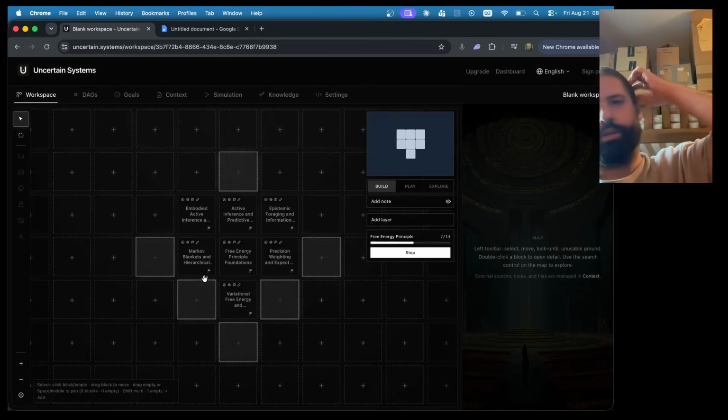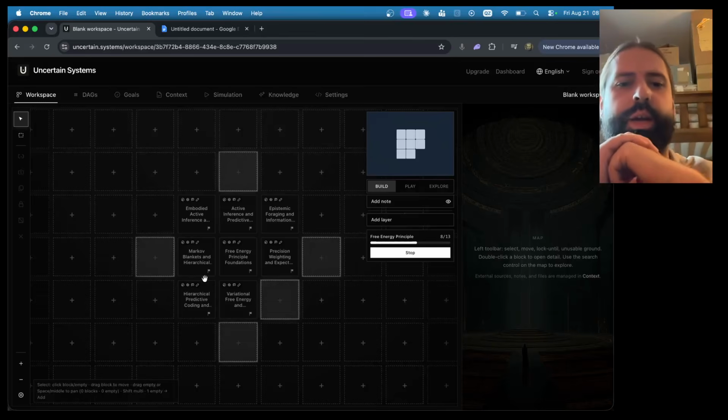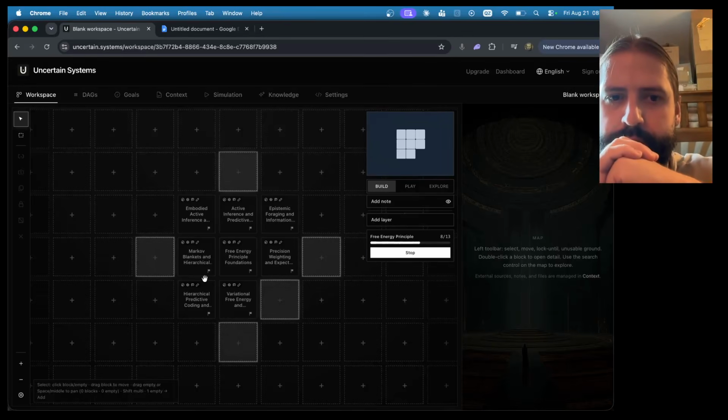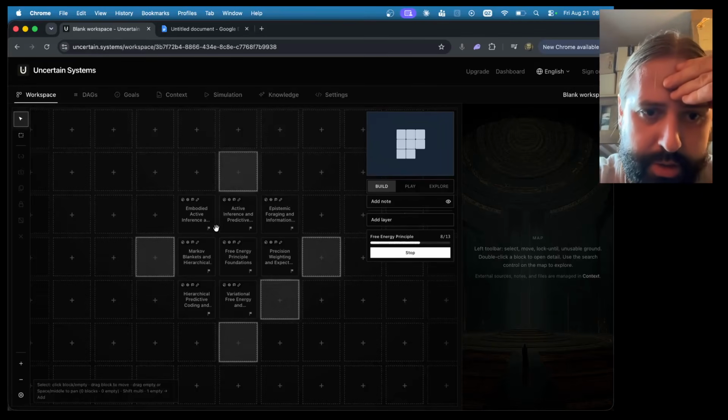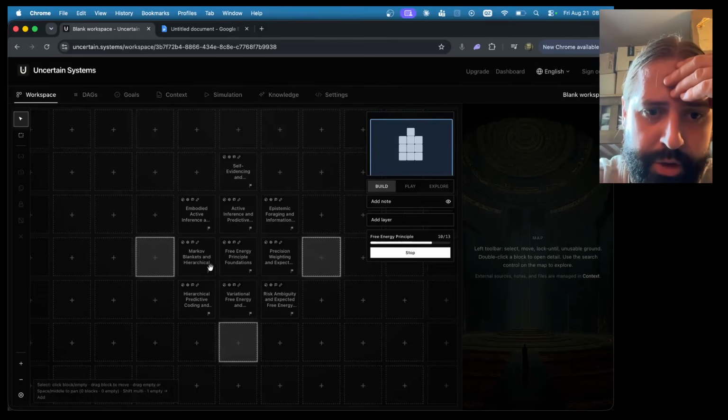I find it an interesting pattern of how these topics are created. I shouldn't have created all of them as starting blocks, to be honest. But anyway, we've got active inference, Markov blankets, variational free energy, precision weighting. These I'm less familiar with, but I've heard them a lot.